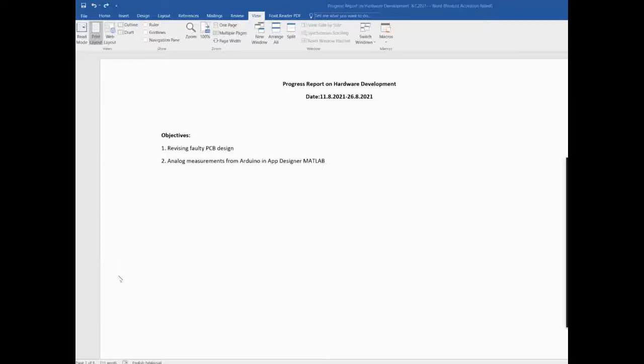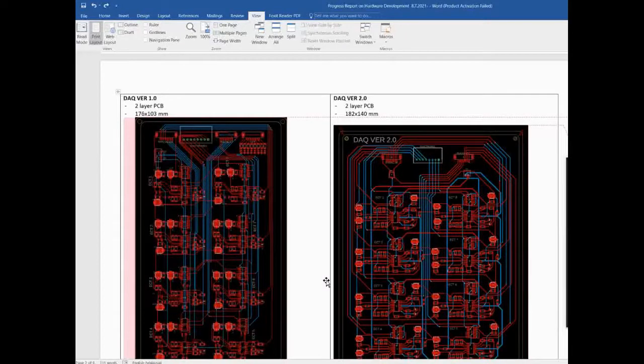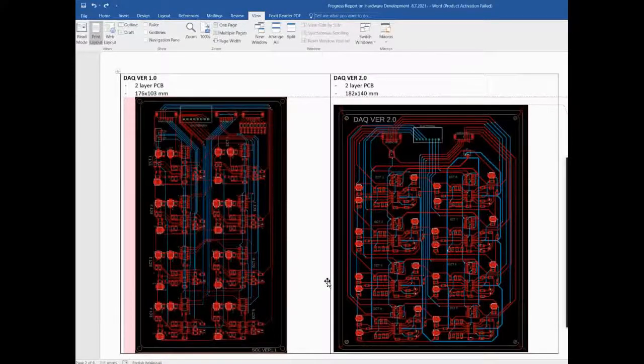So the first part is revising the faulty PCB design. I finished the first week, from the day of our online meeting until maybe 23rd August, revising the PCB design.